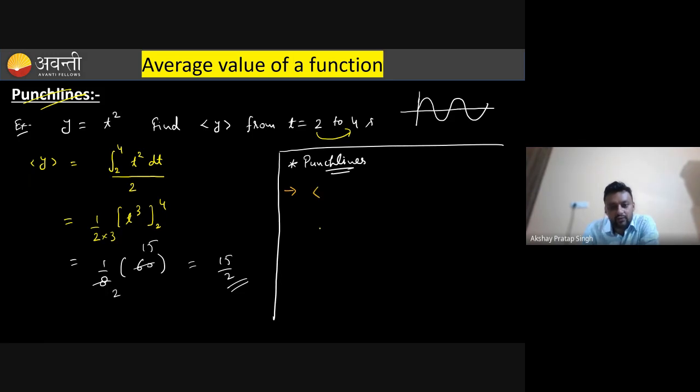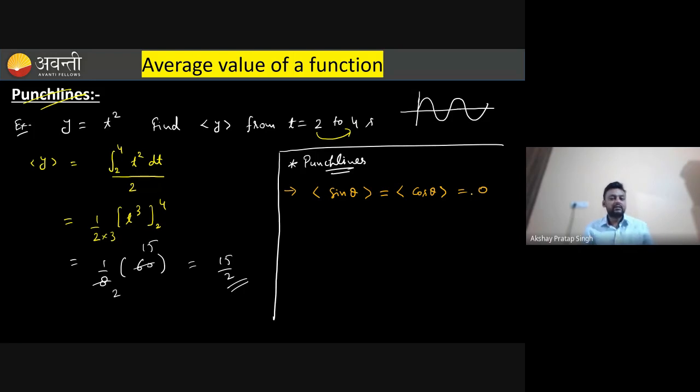The average value of sine theta and the average value of cos theta, both are zero.